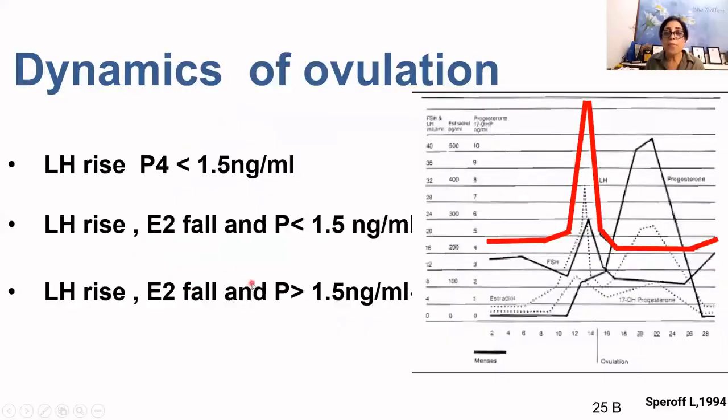Then on the day of ovulation, there is an LH rise, an E2 fall, and a P greater than 1.5. So if you want to be very sure, you need to do all these three values repeatedly. It would still be okay if you just do an LH and a P4 value to make it simpler, but you still need to do it at least once or twice, maybe you need to repeat it.